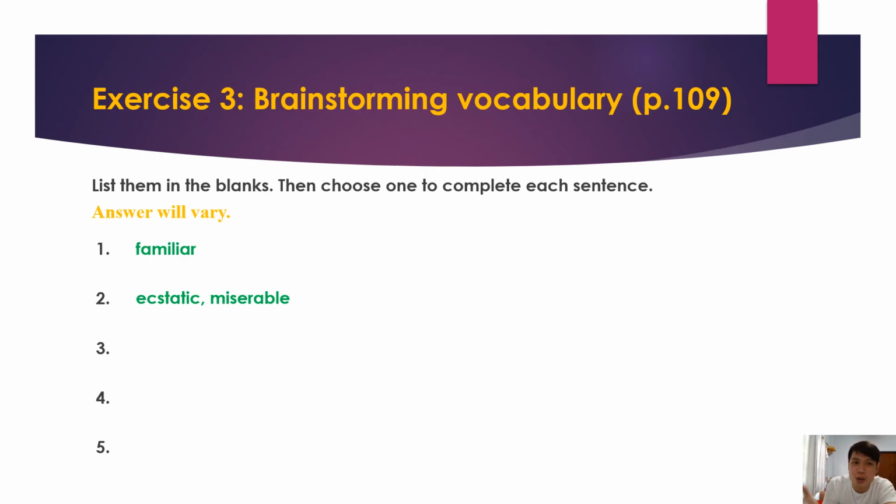It depends on what adjectives you know. Number 3: I fall, laugh, sneeze. It depends, or put anything in. Number 3: nervous, important, numb, laugh, sneeze. Number 4: the experience annoyed or embarrassed me.